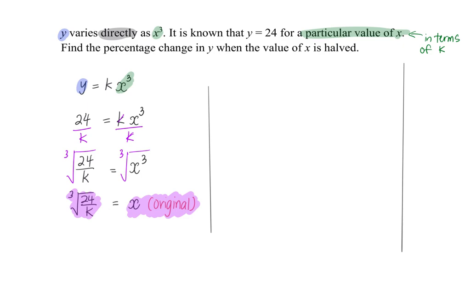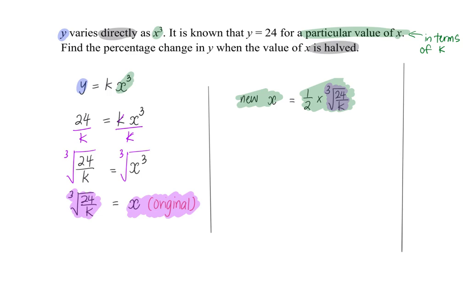Now let's turn our attention to the new x. So for this original value of x, they want us to halve it. That's why you see Mr. Tan here multiplying the original value of x by half.